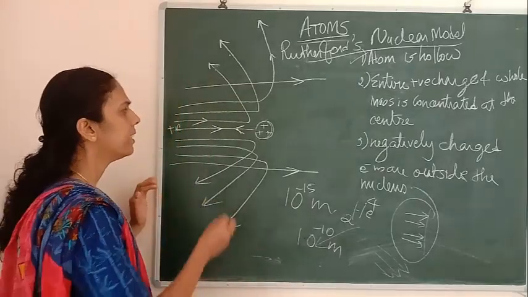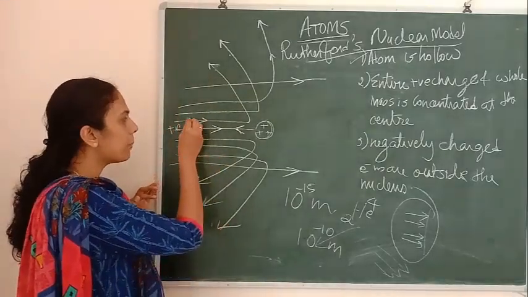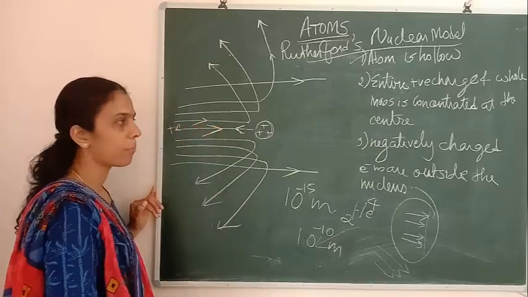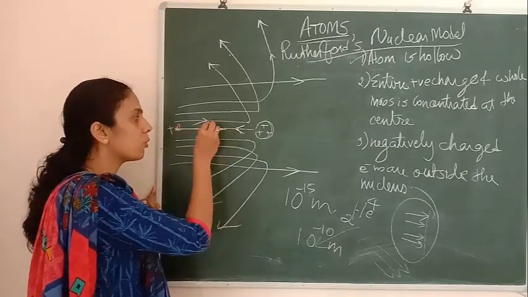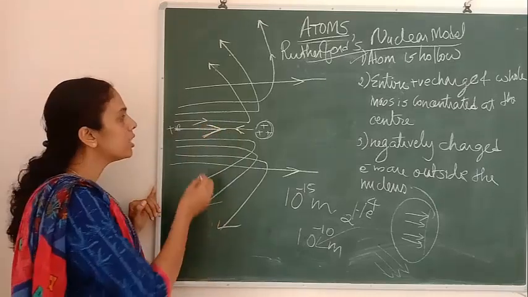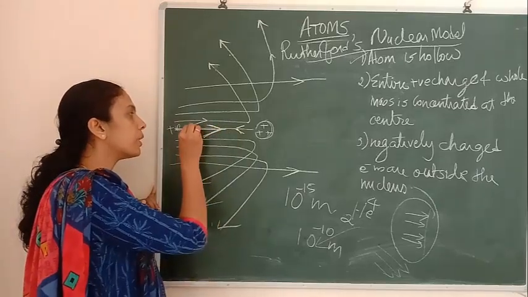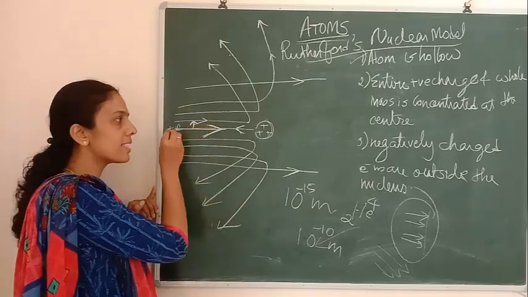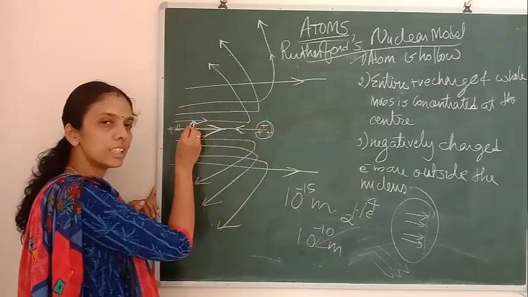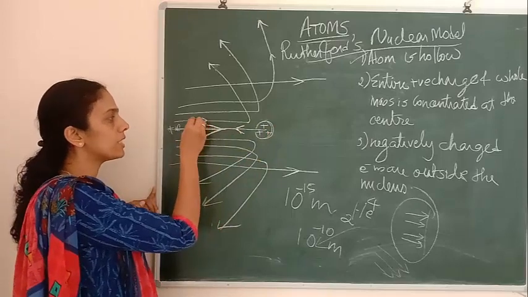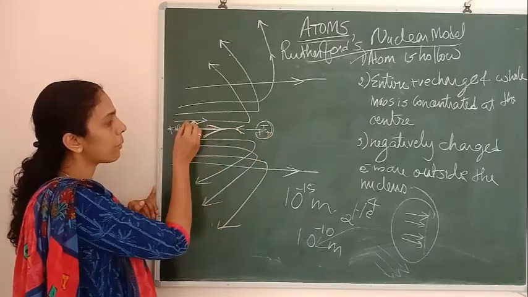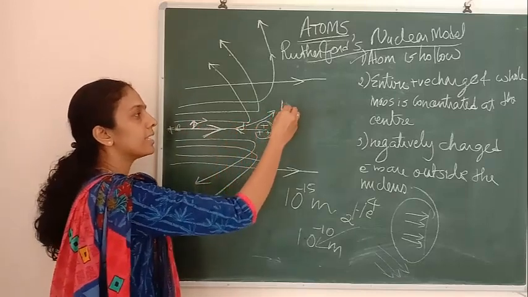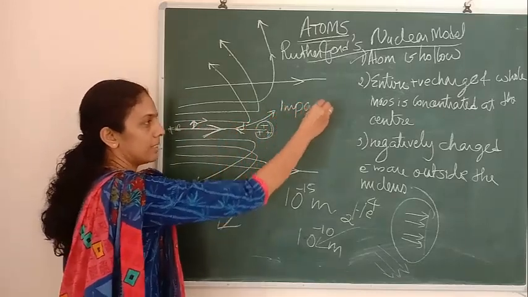Clear? And then here, consider the perpendicular distance from the velocity vector of the alpha particle. See, the alpha particle is moving in this manner. If I consider the perpendicular distance from the center of the nucleus to the velocity vector, that perpendicular distance is called the impact parameter.